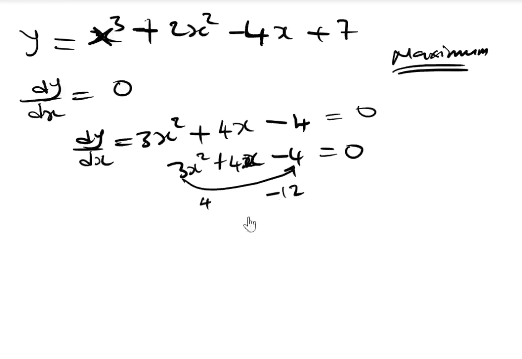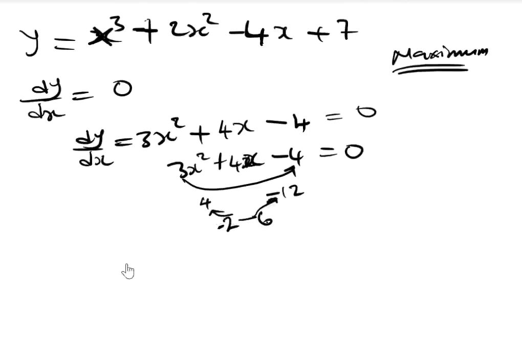I think it should be 6 and minus 2. Minus 2 multiplied by 6 is minus 12, and minus 2 plus 6 is 4.